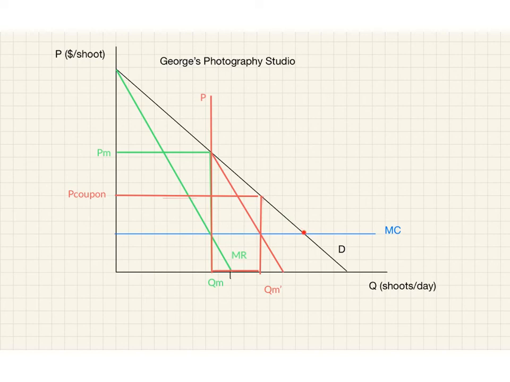So a perfect price discriminator will produce actually the competitive outcome, but everybody will have paid their reservation price, and so this whole area will be the surplus, and it'll all be producer surplus because everybody paid their maximum willingness to pay.